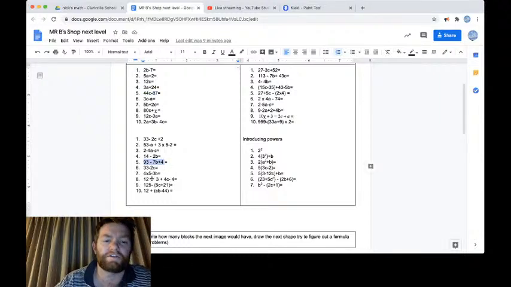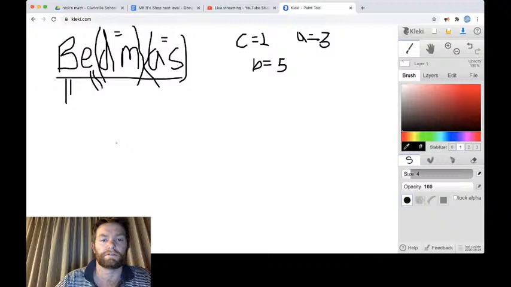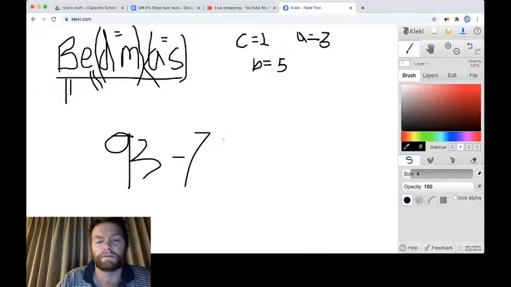Here we go: 93 minus 7b plus 4, that'll give us a positive number. 93 minus 7b plus 4. Okay, so my first thing is to do my 7b, which is 7 times 5.